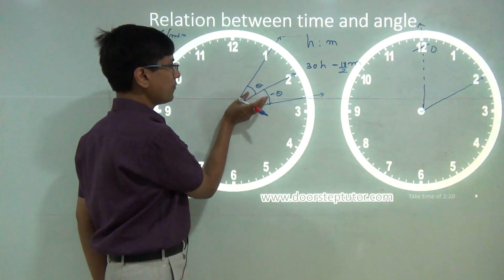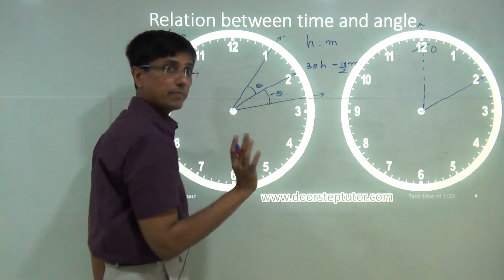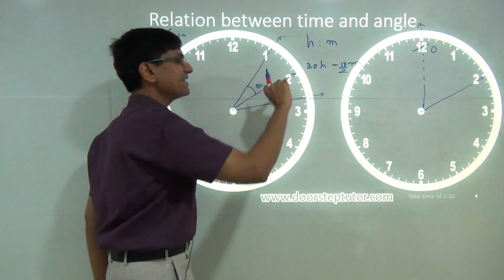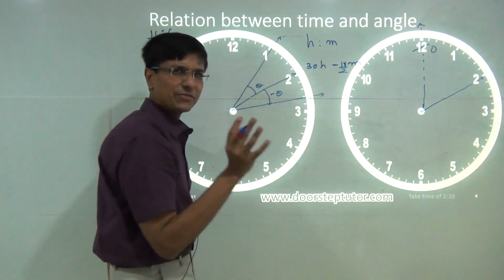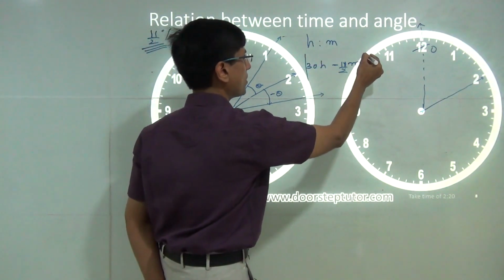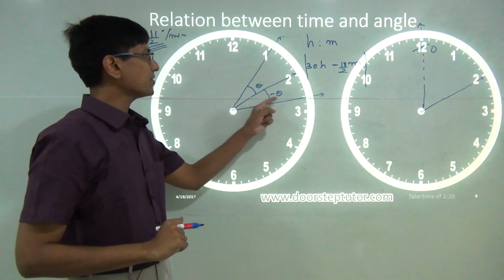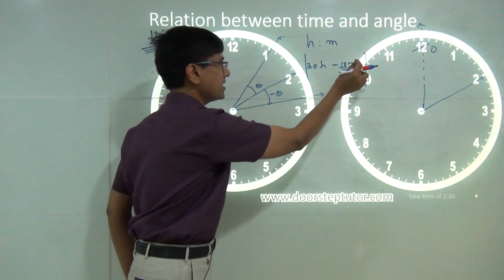The absolute value of the angle remains the same in both cases, whether this number is bigger or that number is bigger. If you measure it, the angle remains the same. In one case, the math just comes out to be negative. We don't like negative signs in aptitude problems, so we take the absolute value of this number, and this becomes our angle between the two hands of the clock at h hours and m minutes.